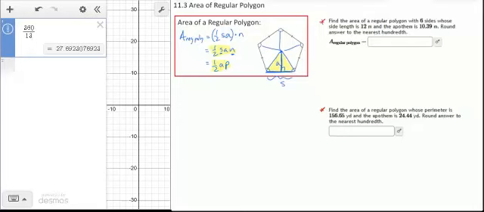Okay, so it looks like most of you are in the habit of what I'm hoping for anyway, which is entering your answer as a calculation. It makes it really easy to solve these kinds of problems, right? If they give you the n value is 6 with a side length of 12 and the apothem or altitude of 10.39, then that's just the very first calculation: 1/2 S, which is 12, times A, which is 10.39, times N, which is 6.